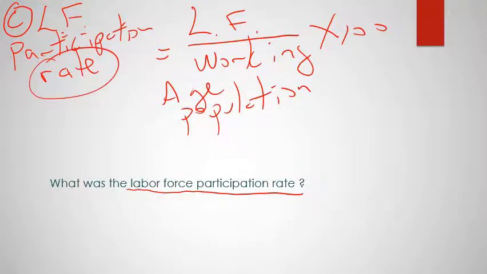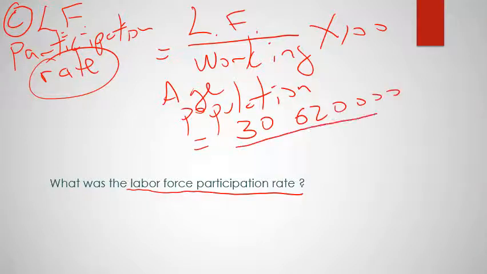All right. So what is the labor force? We've already calculated that to be 30,620,000. What is the working age population? 41,620,000.